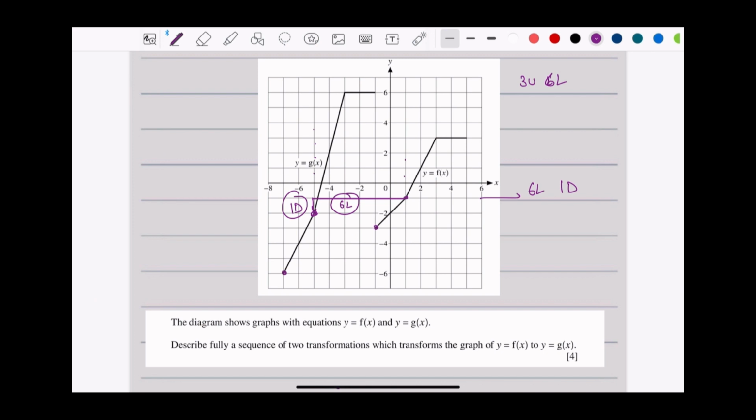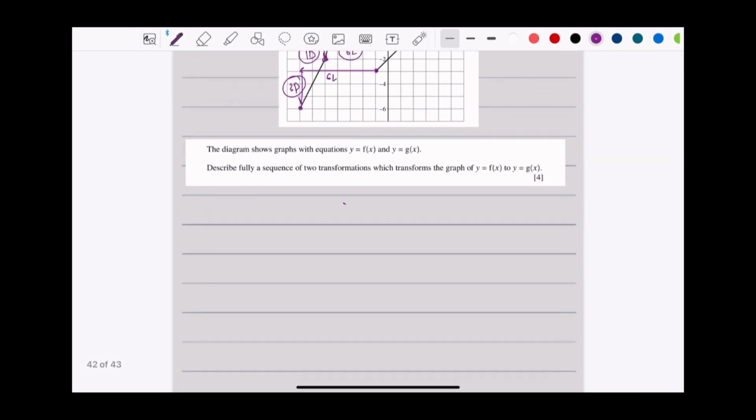So let's try to check for the last one. 1 2 3 4 5 6 to the left again and 3 down, which means that this and these are different, but left is common. So the graph is moving 6 units to the left. So I'll write translating 6 left. So f of x plus 6, first thing.